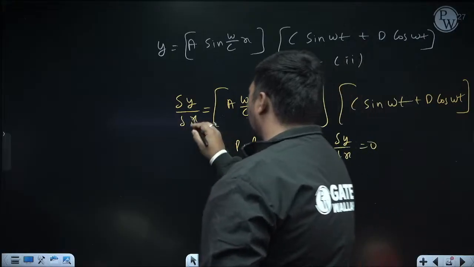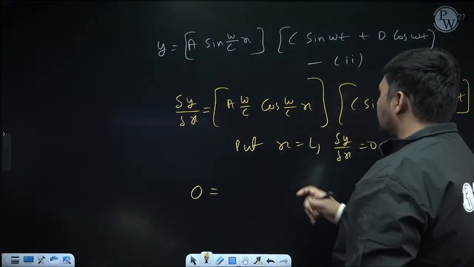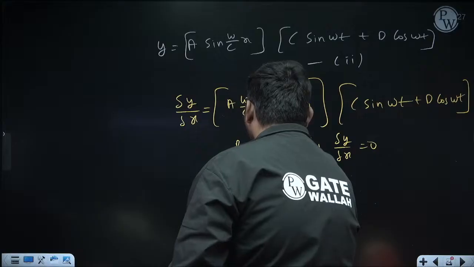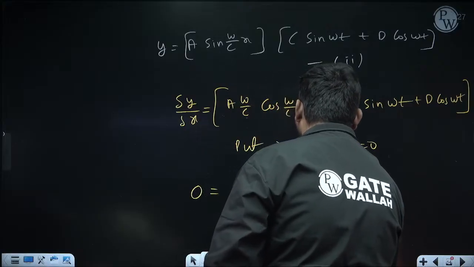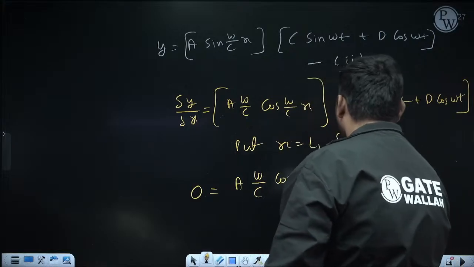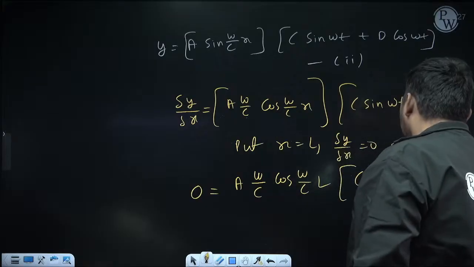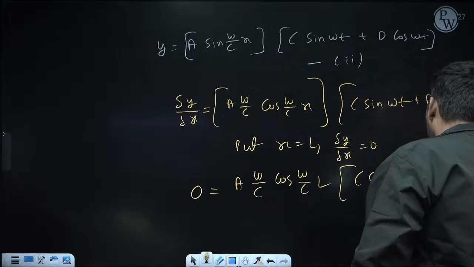So ∂y/∂x is 0, and instead of x we are putting L.